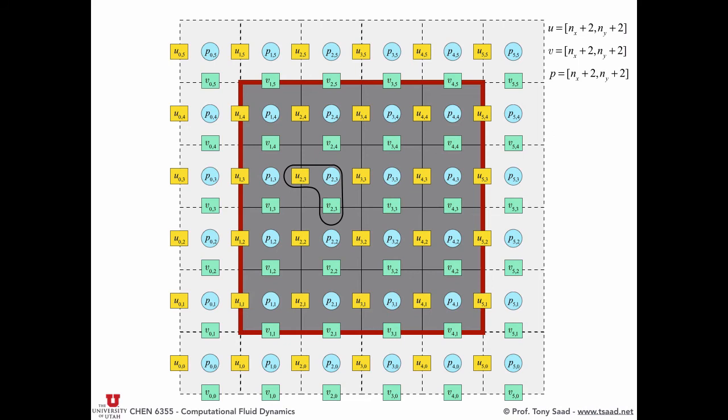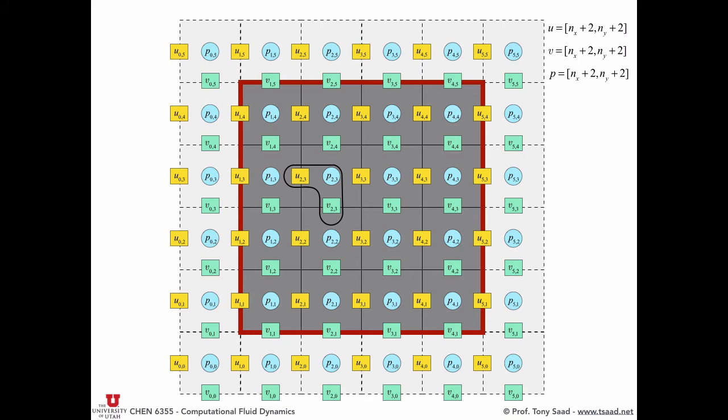So this is our computational domain. It looks like a square here, but it can be a rectangle, or any kind of shape. For simplicity, we're going to show just a square, designated by this red boundary. Then we split this volume into 4 by 4 cells: 1, 2, 3, 4 in the x direction, and 1, 2, 3, 4 in the y direction.